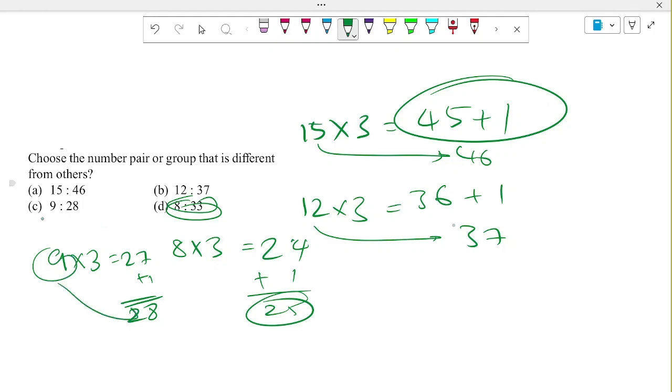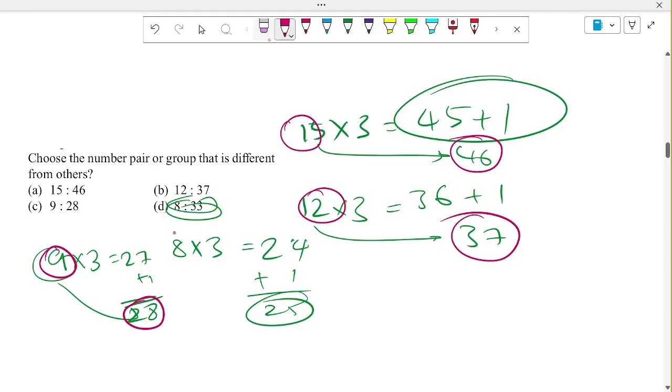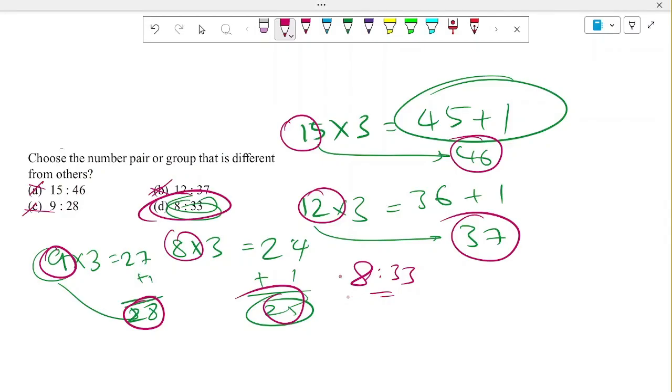This is correct. You see, for 9 I have got 28, for 15 I have got 46, for 12 I have got 37, for 8 I got 25. So these are all the same pattern, but only this is different. So answer is 8 is to 33. Option D. Yes.